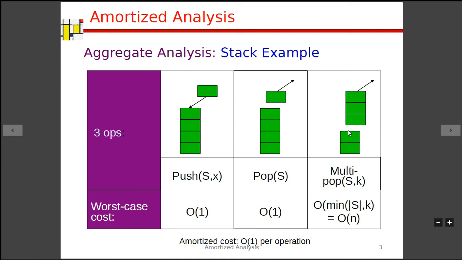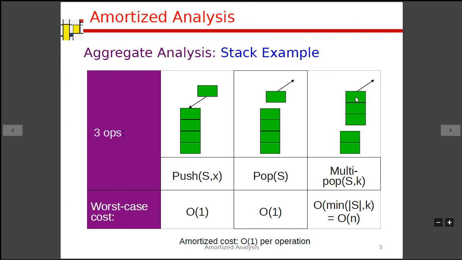Suppose 1, 2, 3, 4 and 5, these 5 elements are stored on the stack. And we have to identify element 2, that means the value of k is 2. In that case, we'll have to perform the operation multi-pop S, 2. That means from the top of the stack, we'll have to keep on performing the pop operation until we reach the value 2.